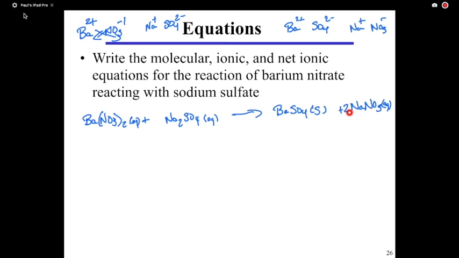I have 6 oxygens here, plus another 4 is 10, and so I finally balanced it. All right, I have predicted the products. I have balanced it, and I have labeled each one of the compounds as being solid, liquid, gas, or aqueous. An aqueous ionic compound will dissociate.